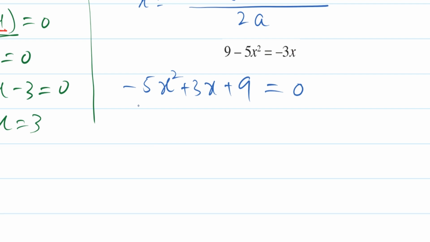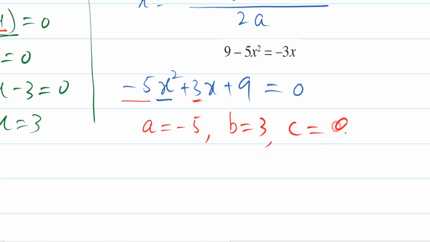You can directly take the values of a, b and c. A is the coefficient of x square. Here in this case, a is minus 5, b is 3, c is 9.